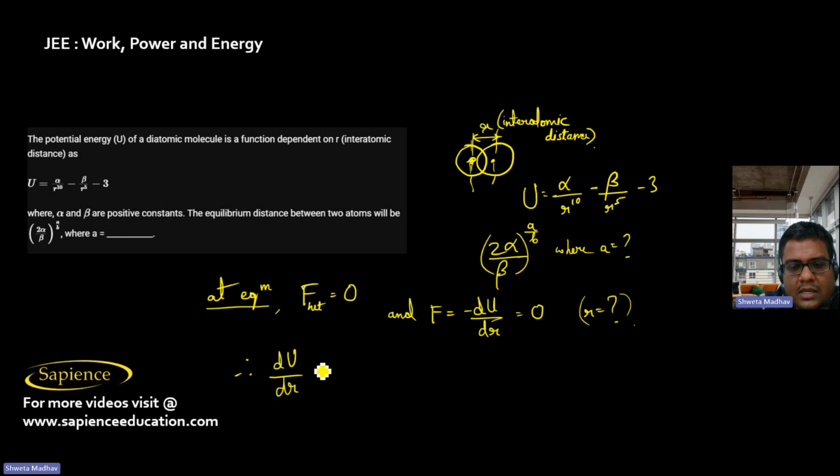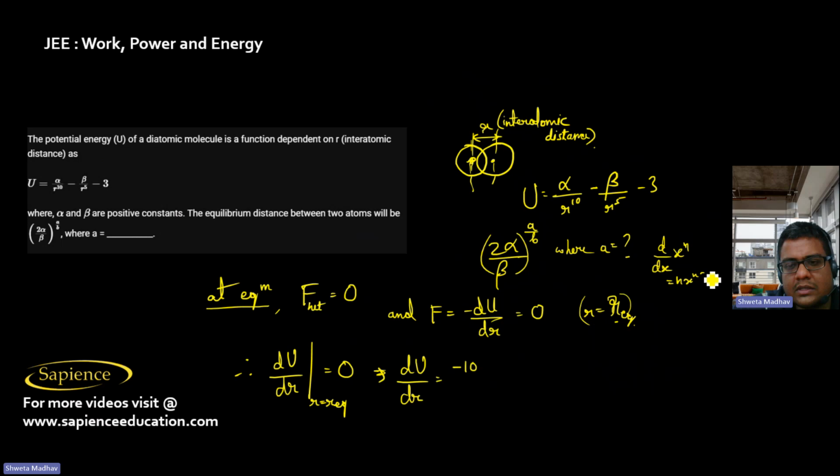So now we have to find dU by dr, that should be 0 only. At r equal to r equilibrium, dU by dr will be 0 only. So that r equilibrium we have to find out. So now dU by dr will be how much? d by dx of x power n is equal to n x power n minus 1.